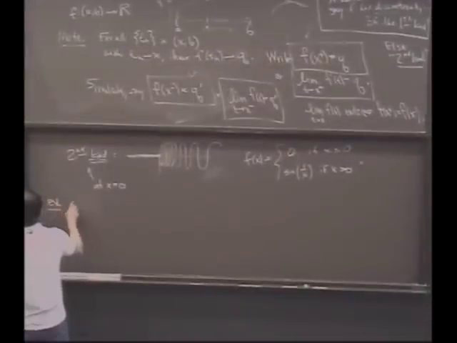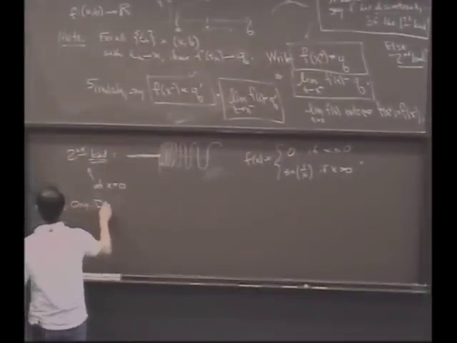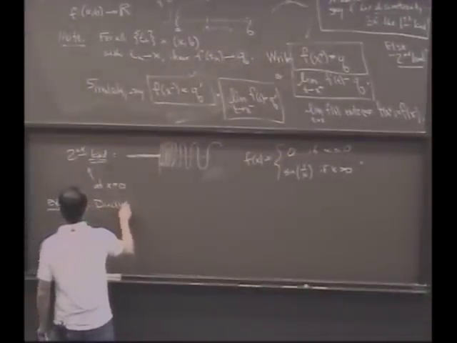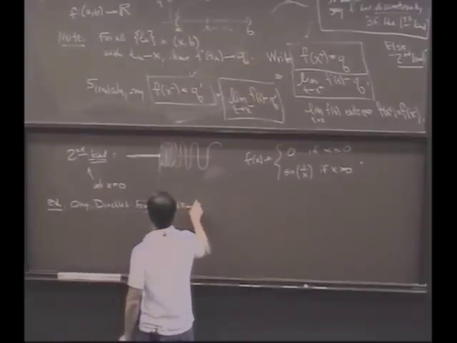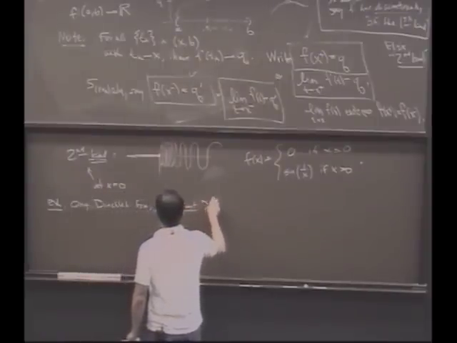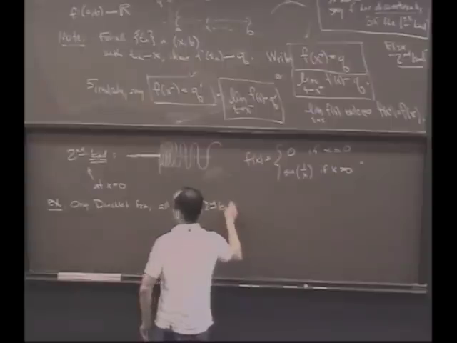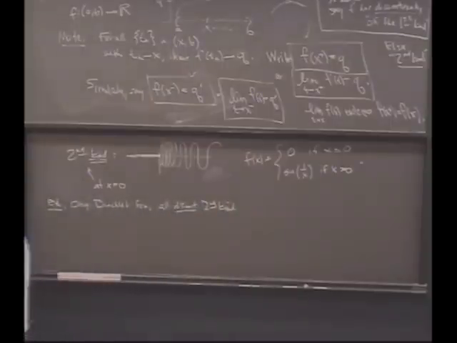So in the original Dirichlet function, all discontinuities are of the second kind. Okay, good. What about here? What kind of discontinuities do we have here?